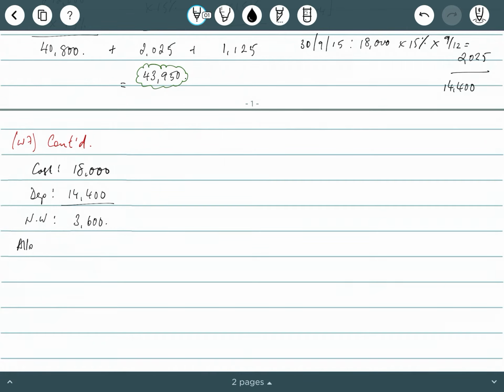Now, they've given us an allowance, and the allowance was 4,000. So that means we've made a profit of 400. So that's a profit on disposal.